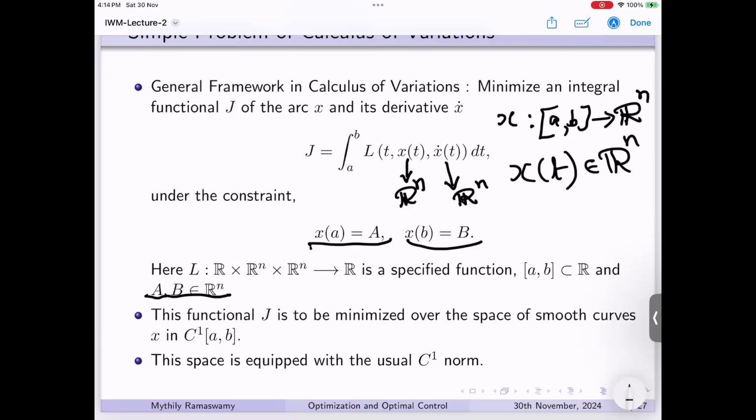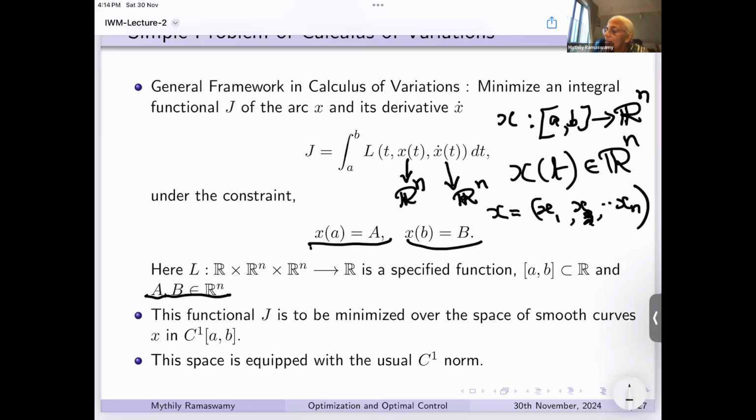Maybe you could use an index notation like x_i of t and x_i dot of t, where i goes from 1 to n. It will be more confusing if I write X is equal to X1, X2, Xn, and then X dot will be X1 dot, X2 dot, Xn dot.